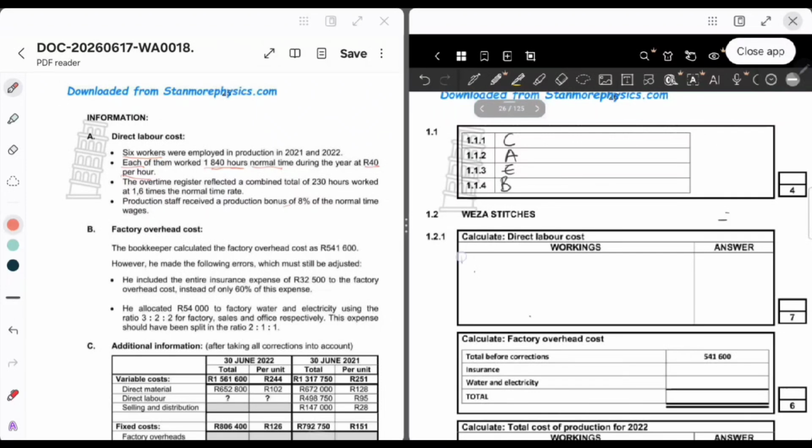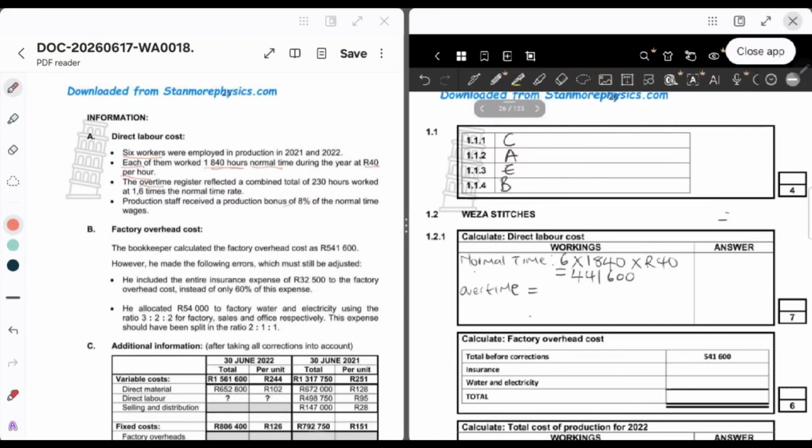So for us to calculate normal time, we are going to say number of workers, which is 6, times the hours worked by each worker, which is 1840, and then the rate per hour, which is 40 rands, and then it's going to give us a total of 441,600 rands.